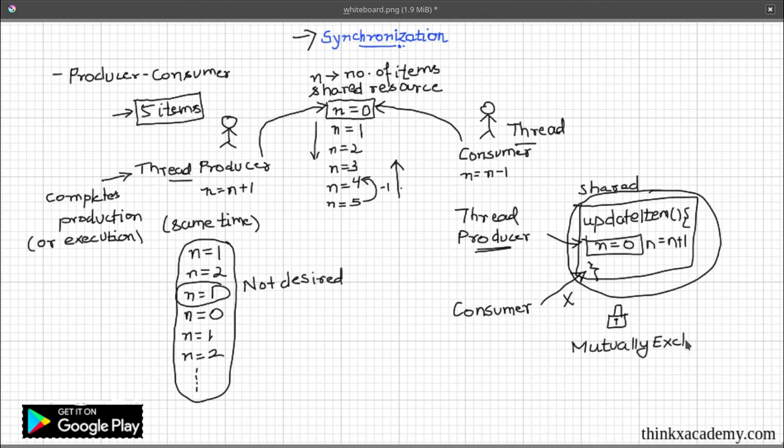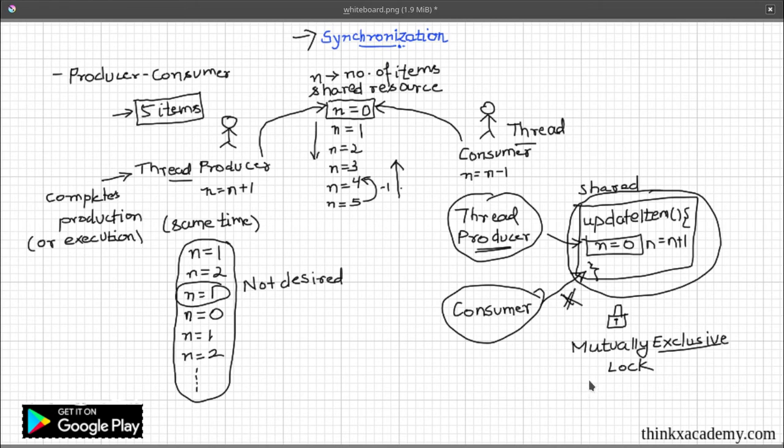What is the function of this mutually exclusive lock is that if any thread is trying to access a resource or a function, it will develop a mutually exclusive lock, which means that this shared resource is exclusively available only for this particular thread. So if any other thread tries to enter into this shared resource or try to access this shared resource, this lock will not allow it to do.